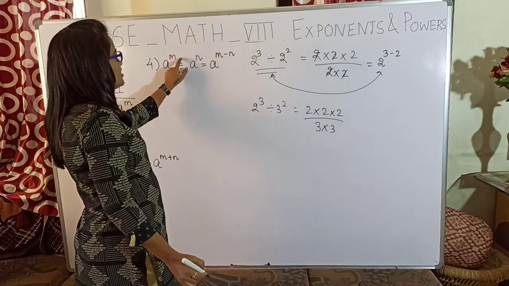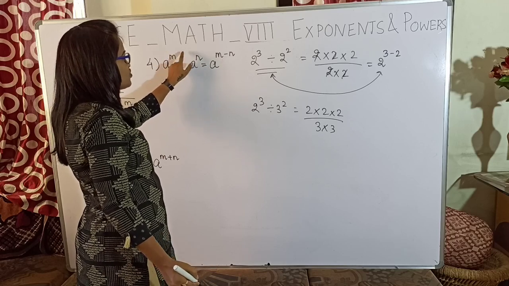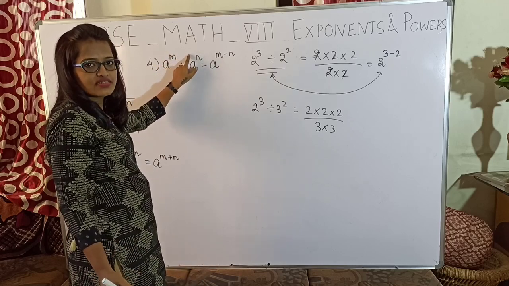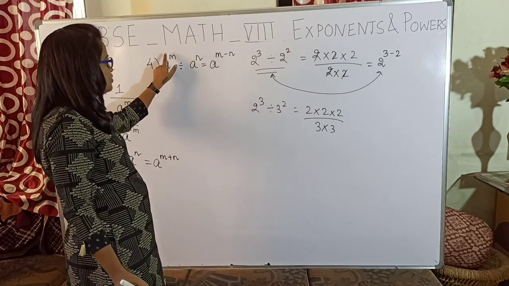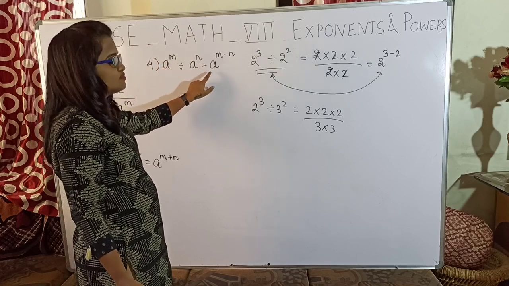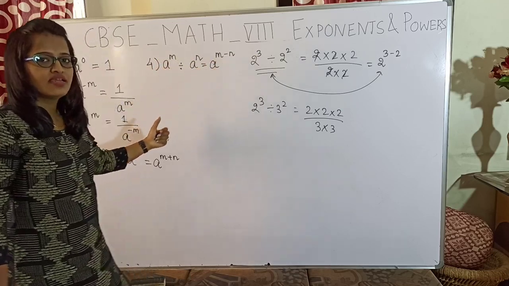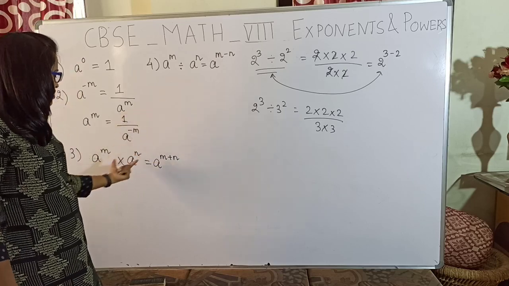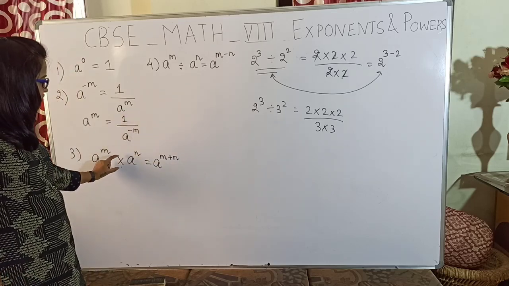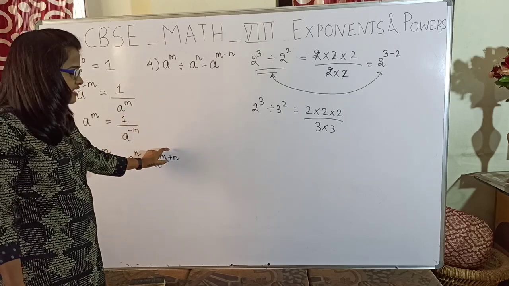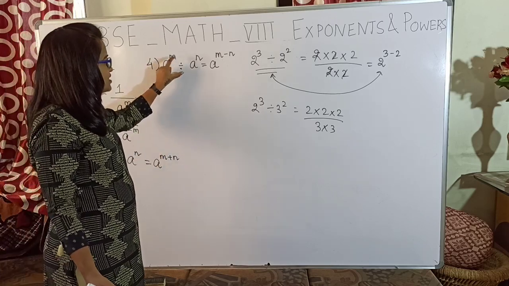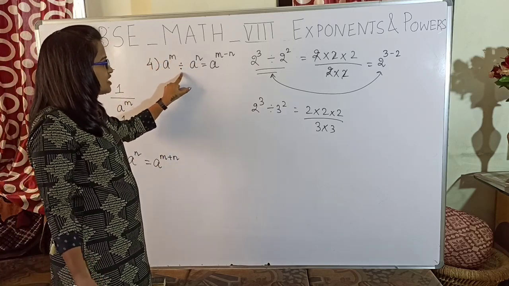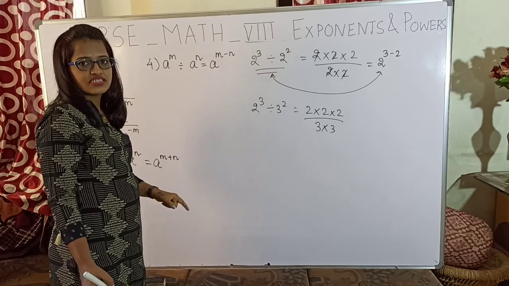That is, there is a subtraction of index. Yes, a raised to m divided by a raised to n gives me a raised to m minus n. Let us compare these two laws. Base has to be the same. When there is a multiplication sign, the index gets added. Base has to be the same. When there is a division sign, the index gets subtracted.